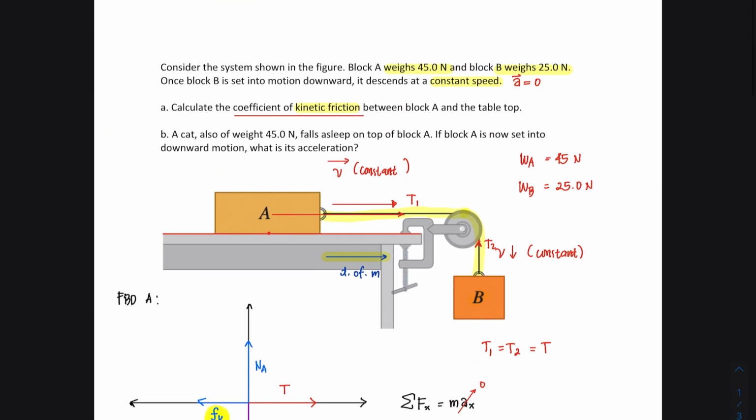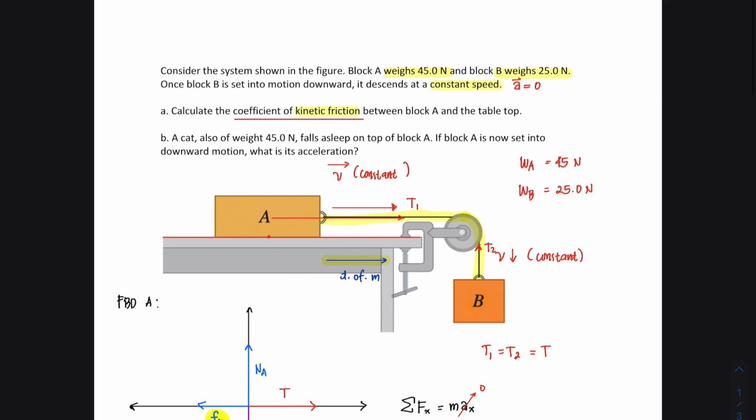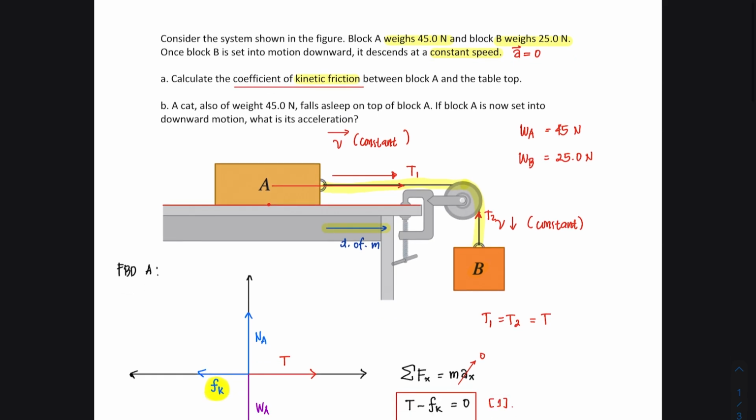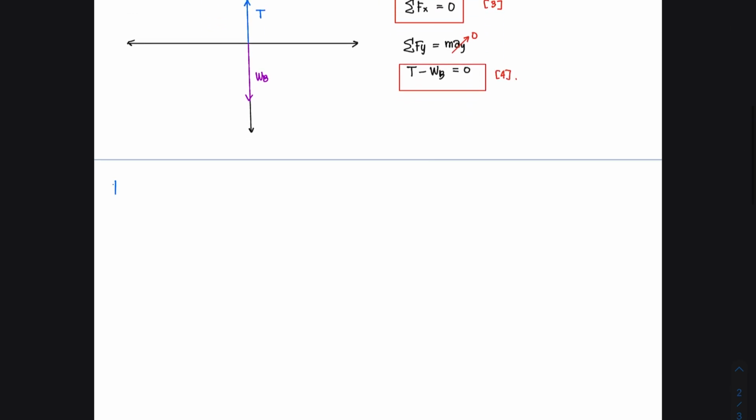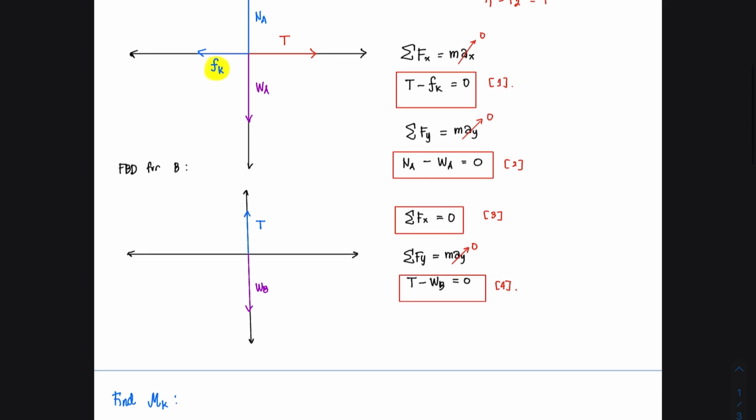I think we have to solve A first. So you need to calculate the coefficient of kinetic friction. So find the coefficient of kinetic friction, that is just mu sub k. Now, of course, let's try to look into our equations.